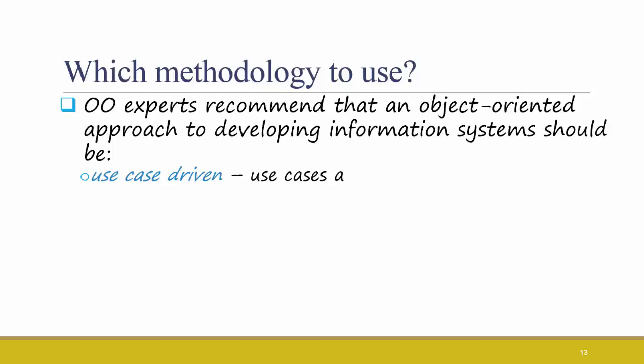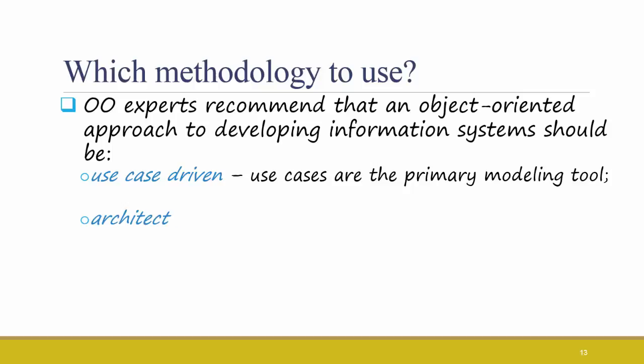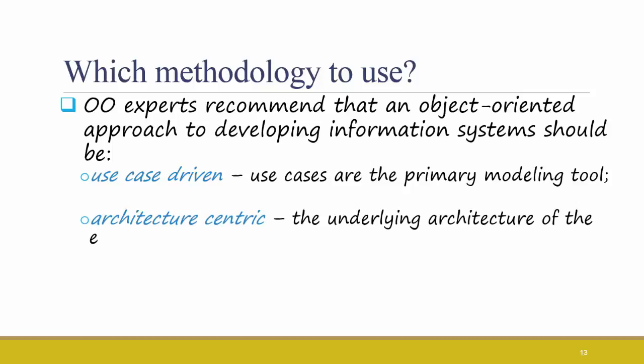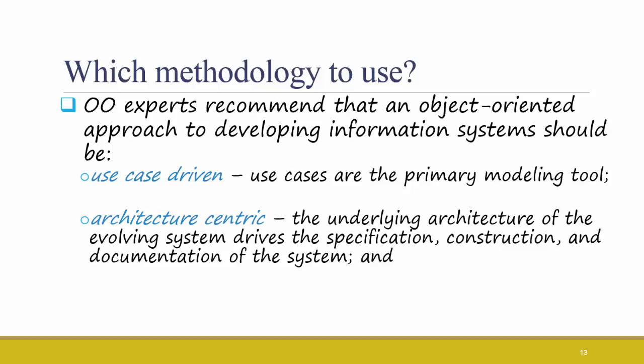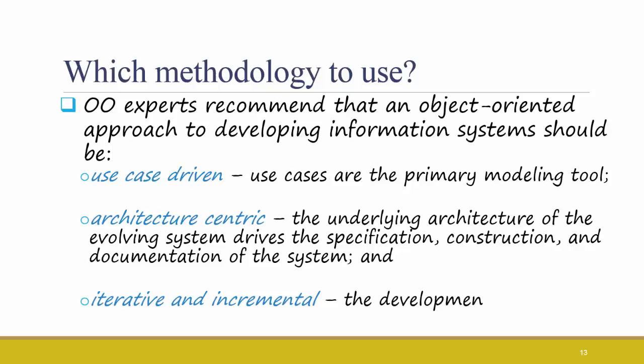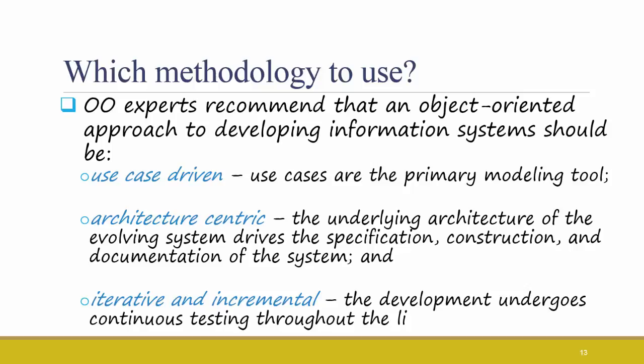First, use case driven, that is, use cases are the primary modeling tool. Second, architecture centric, the underlying architecture of the evolving system drives the specification, construction, and documentation of the system. And third, iterative and incremental, the development undergoes continuous testing throughout the life of the project. Again, you can see why the waterfall method isn't particularly suited to object-oriented design and programming.